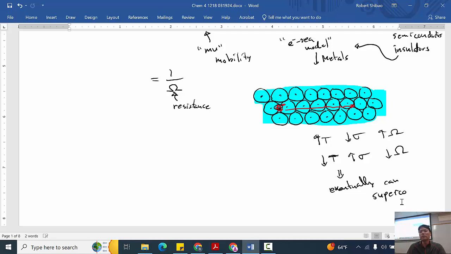So what does superconduct mean? It means that we can transport electricity with no energy loss.